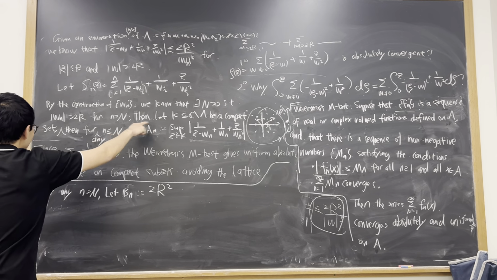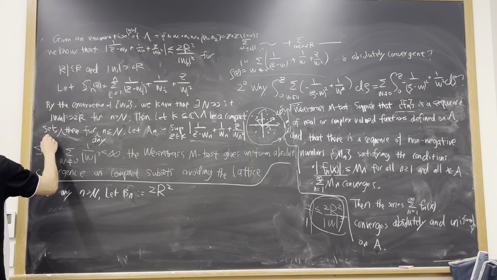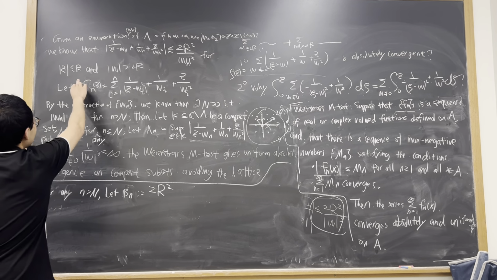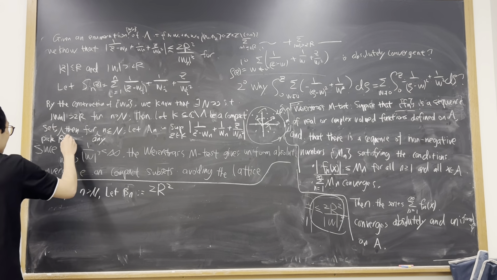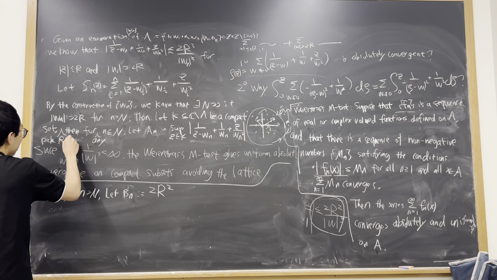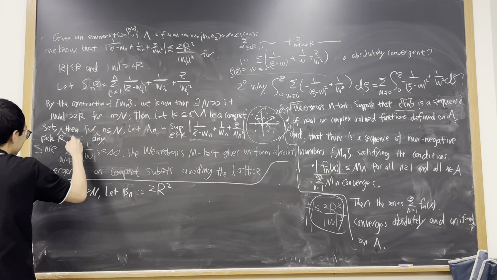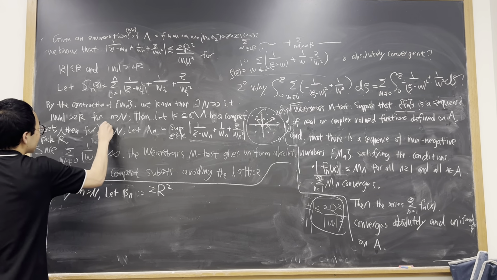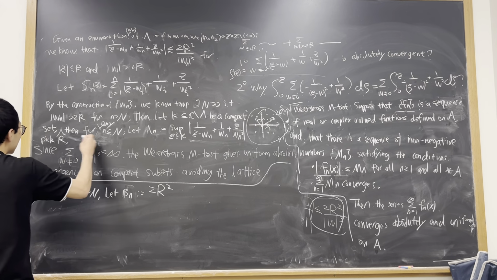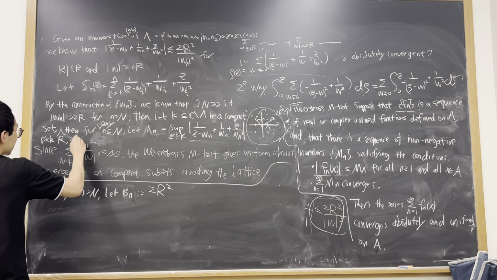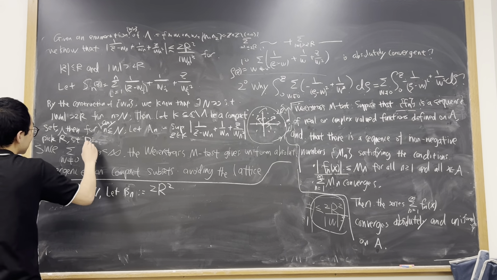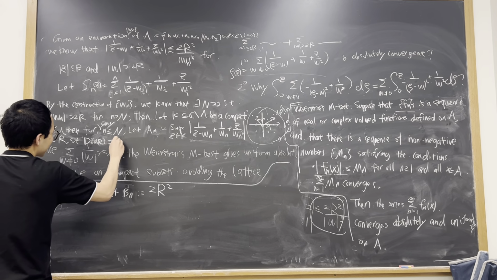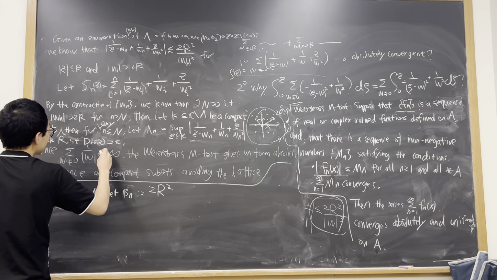The argument before was for any R, so now we pick the R such that the disk contains K.